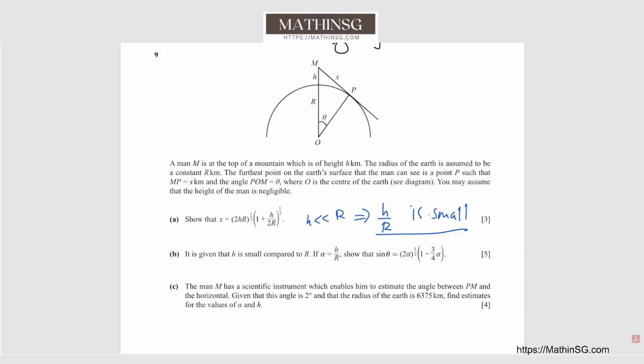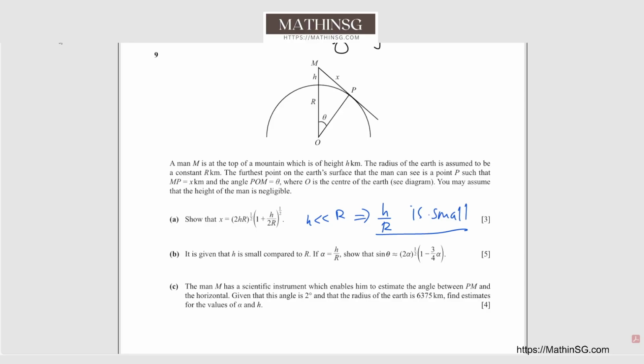Now let's move on to part C. In part C, we are told that the man has a scientific instrument which enables him to estimate the angle PM and the horizontal. So given that the angle is 2 degrees and the radius is this, find the estimate of this. So what we know from here is the horizontal will always be perpendicular to the vertical, right? So height is going to be vertical.